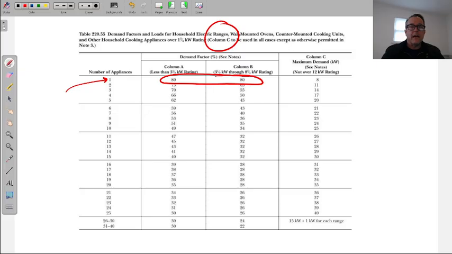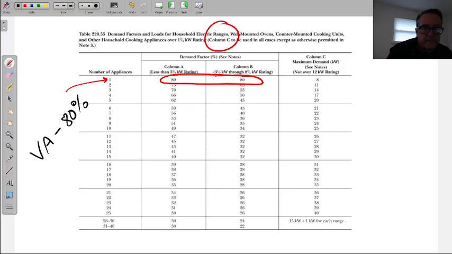Even if you had only a stovetop setup, a countertop mounted unit, are you using all 4 of the burners always? No. Sometimes, maybe. So because of that percentage already off the bat, if we have one oven, then we're going to factor in the VA at 80% of whatever it is, even just for one oven.